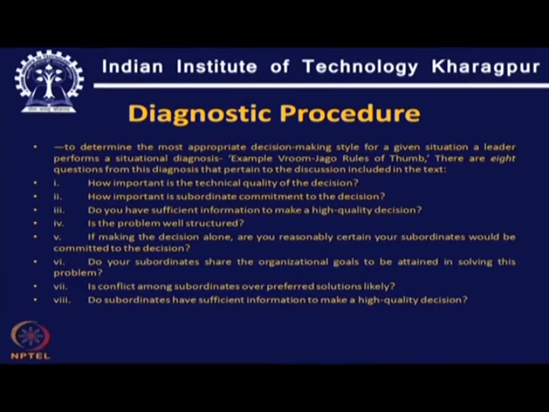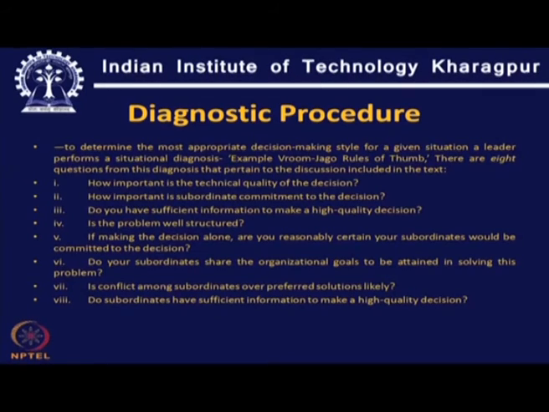So, to know which decision style applies, there is a diagnostic procedure, and the way to diagnose is to ask certain relevant questions. How important is the technical quality to the decision? How important is subordinate commitment to the decision? Do you have sufficient information to make high quality decisions? Is the problem well structured?